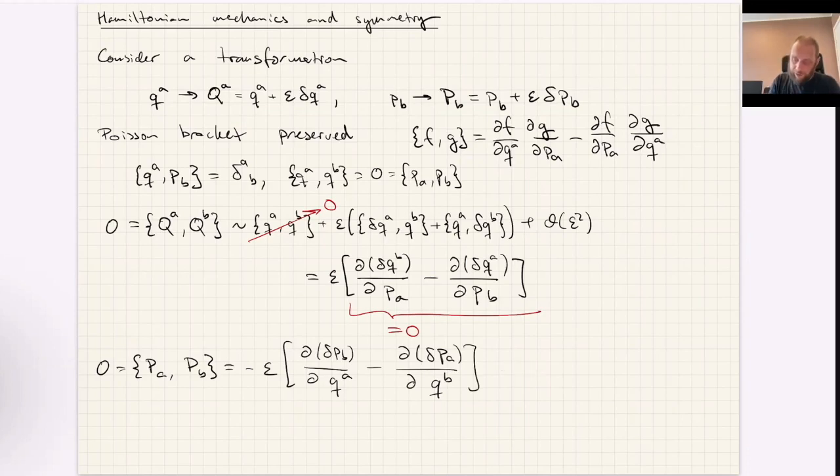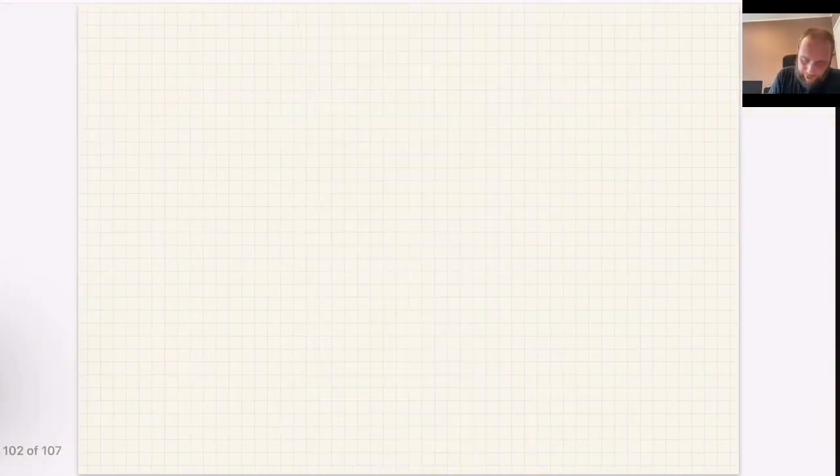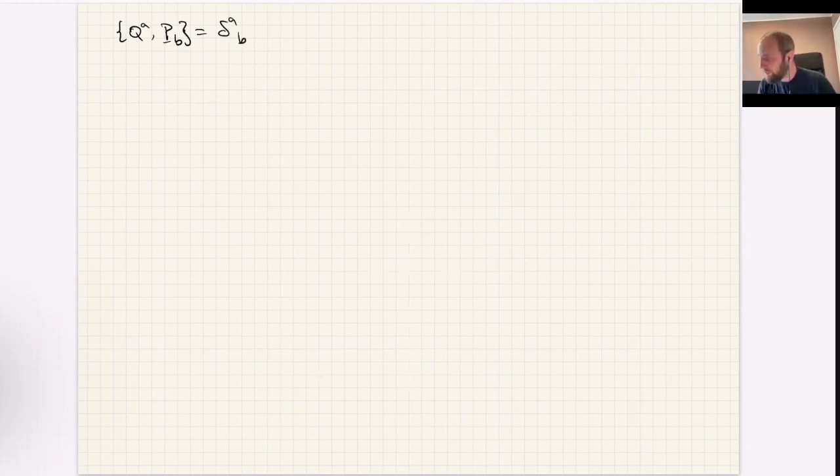I wrote it already. So if that is equal to 0, then to linear order, that is equal to 0 as well, right? And finally, let's look at QA PB, which should be delta AB, right? If I should keep my canonical commutation relations. And the same story again.